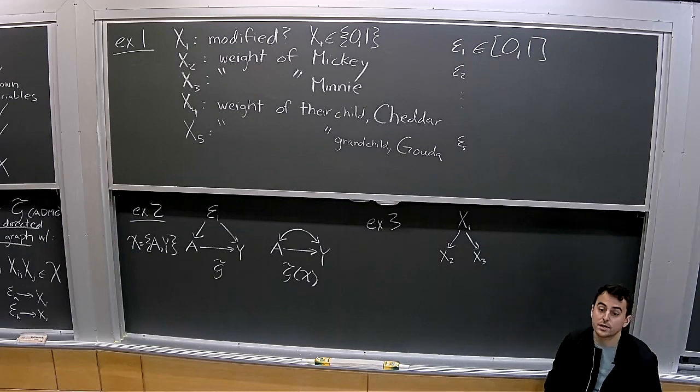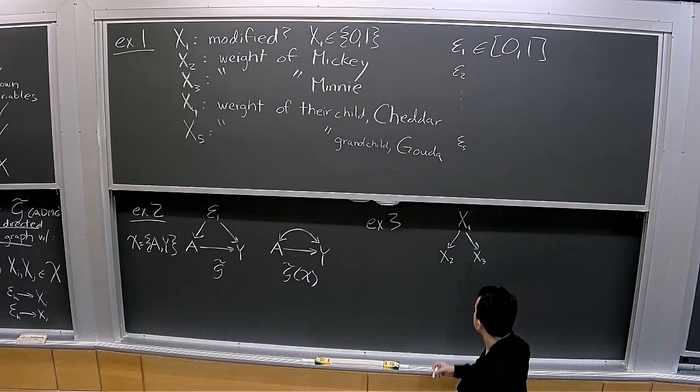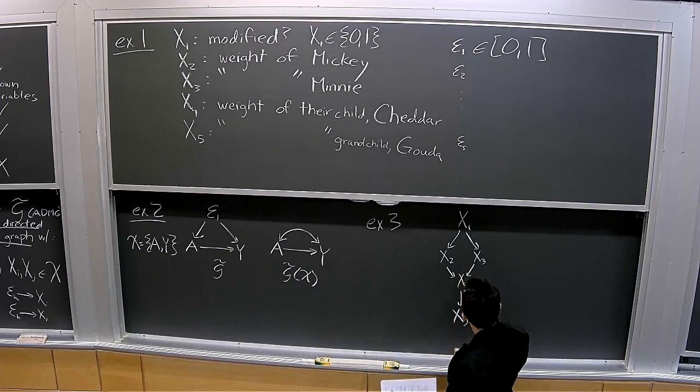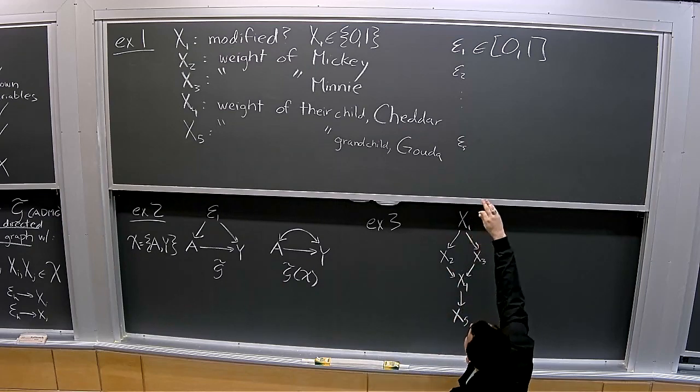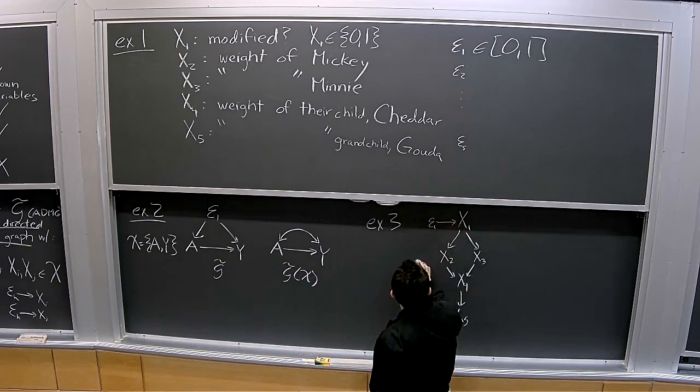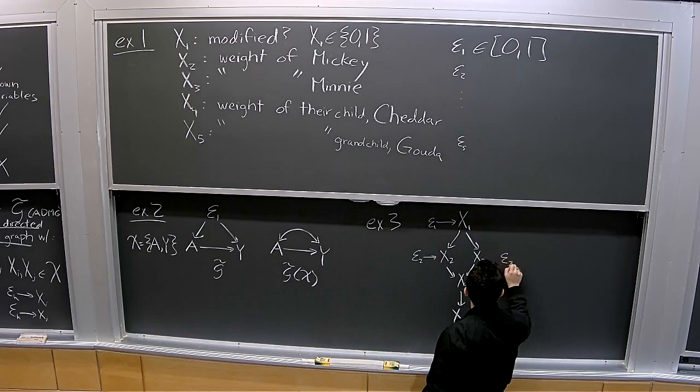They're the only ones I'll directly do a genetic modification on. Mickey and Minnie, they have a kid, Cheddar, and then he has Gouda. And all of the exogenous variables are going to enter this picture like this. So they're just going to be related to the endogenous variables.